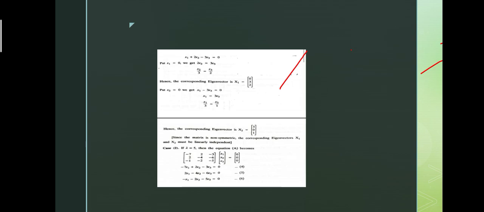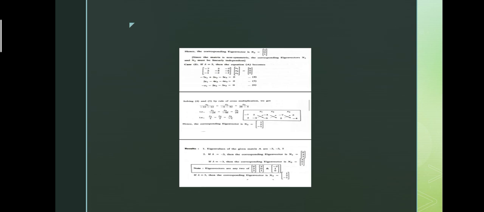Case 2: if λ = 5, then the equation becomes [-7 2 -1; 2 -4 -2; -3 -6 -5] times [x1, x2, x3] equals [0, 0, 0]. -7x1 + 2x2 - x3 = 0 is the fourth equation. 2x1 - 4x2 - 2x3 = 0 is the fifth equation. -3x1 - 6x2 - 5x3 = 0 is the sixth equation.